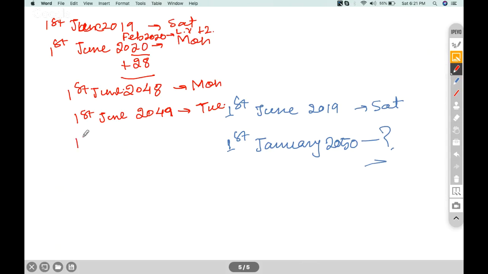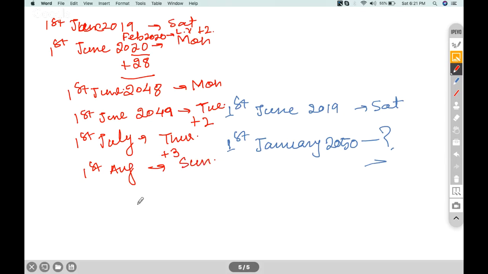Now let me go month by month. 1st July, I'm crossing June, so +2. This gives me Thursday. 1st August, +3, so Sunday. 1st September, I'm crossing August, 31 days, so +3: Sunday, Monday, Tuesday, Wednesday.